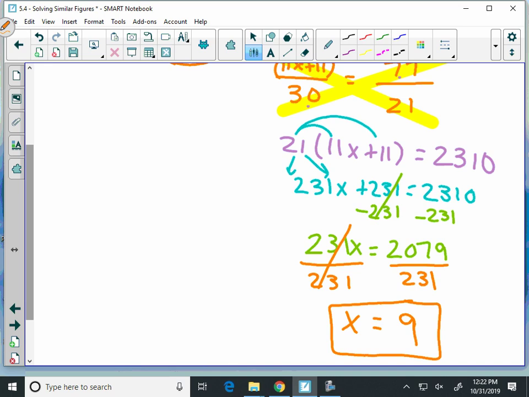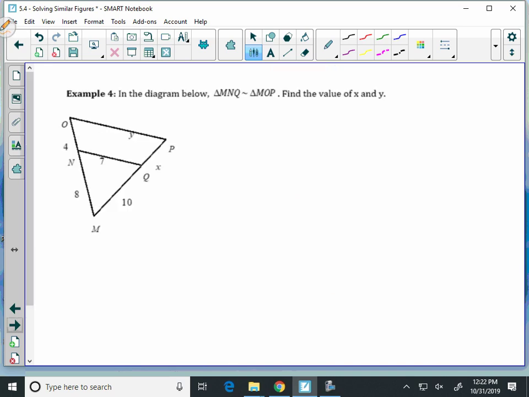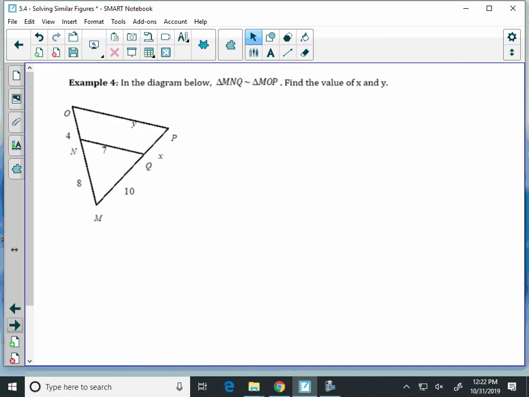Questions over that? Okay. Got a couple more. If we take a look at this one in the diagram below, M and Q. This yellow triangle right here is similar to M O P, this big purple triangle.